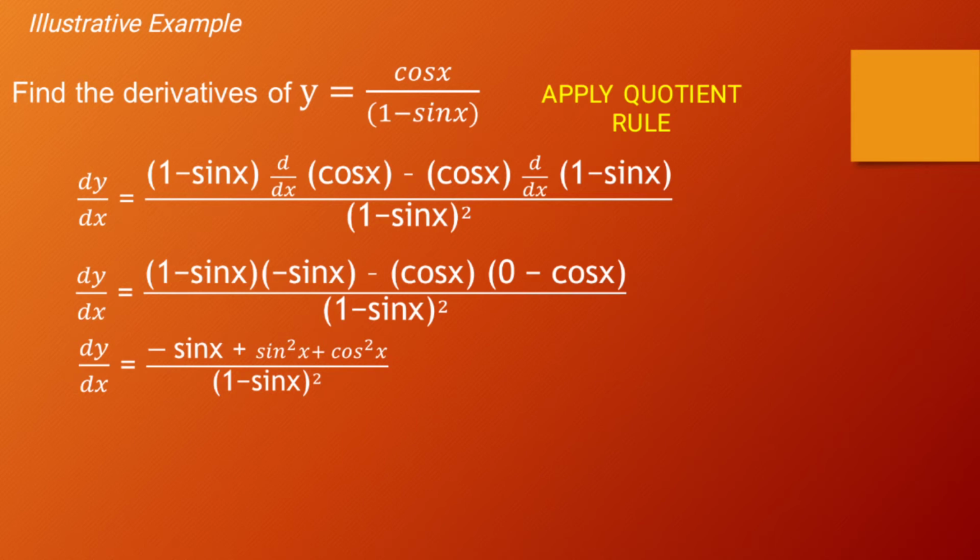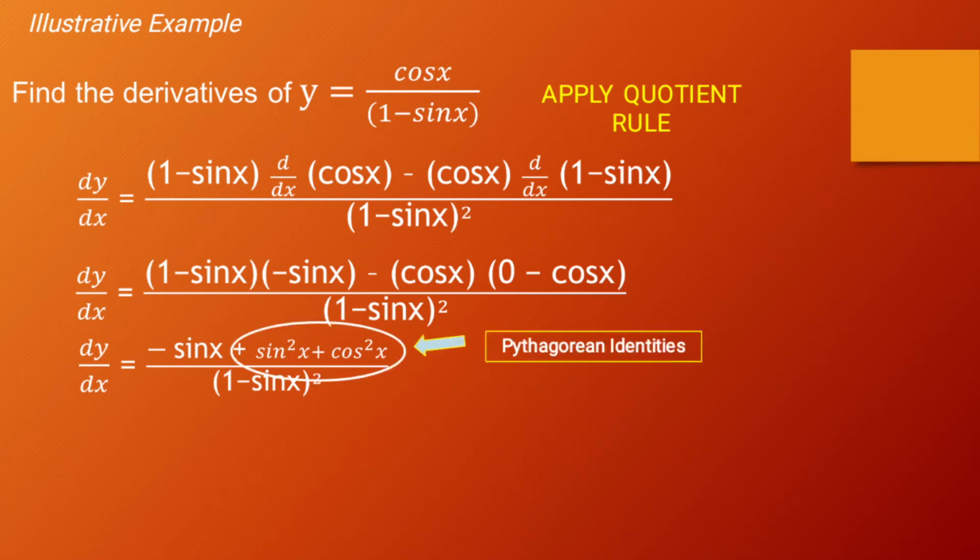You will just have to distribute those to the given terms, all over 1 minus sine x squared. And as you can see, we have here sine squared x plus cosine squared x. And we can simplify this by the use of our Pythagorean identities.